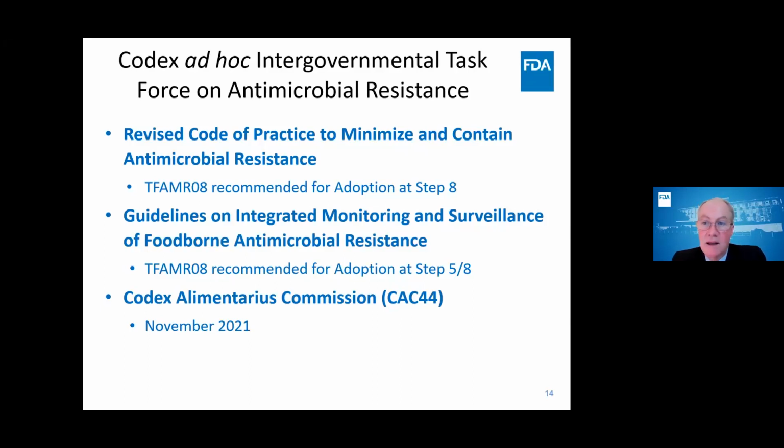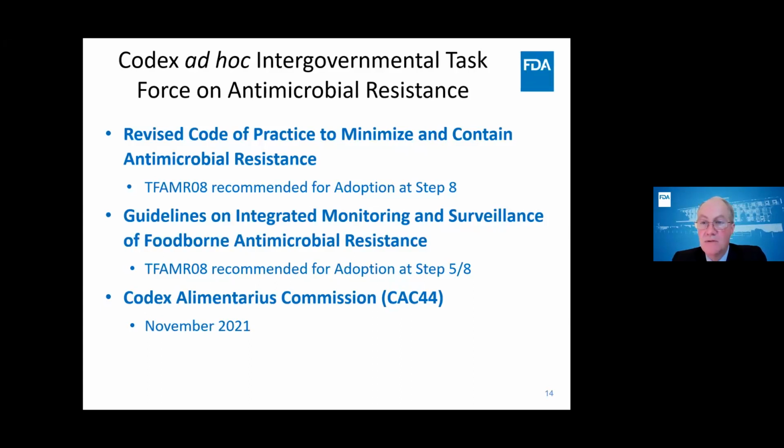At this last task force meeting, the revised code of practice to minimize and contain antimicrobial resistance was recommended for adoption at step 8. The Codex Alimentarius Commission will meet next month to potentially make a final adoption of this guidance.